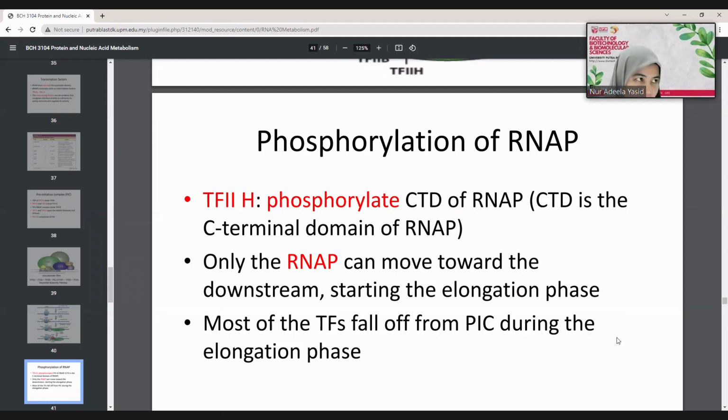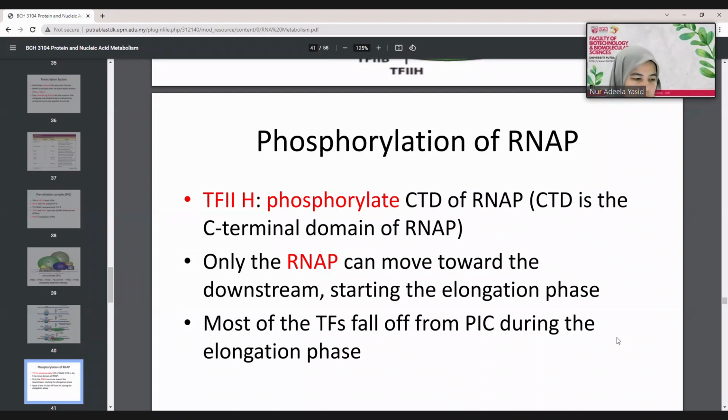This step requires hydrolysis of ATP and is mediated by TFIIH. What is meant by hydrolysis? ATP phosphorylates the CTD, the C-terminal domain of RNA polymerase.